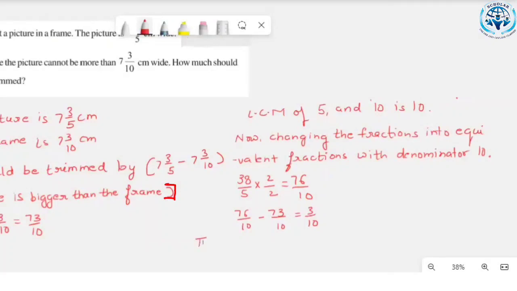The difference is 3 by 10. That means the picture should be trimmed by 3 by 10 centimeter to be incorporated in the frame.